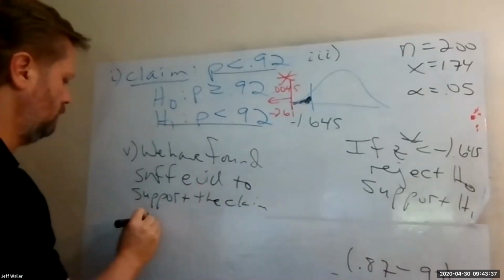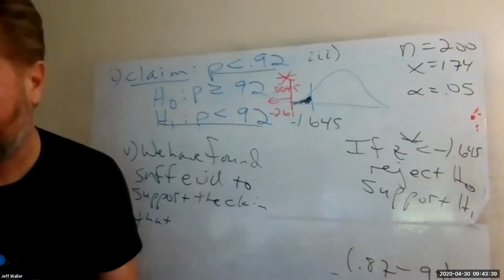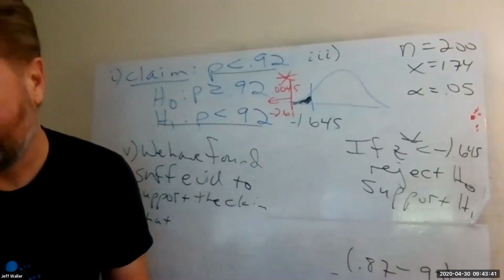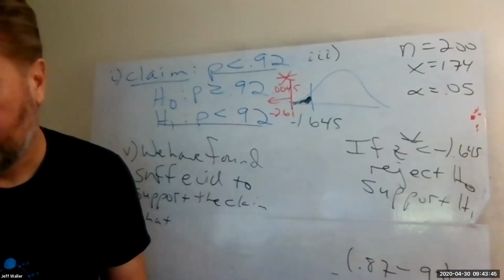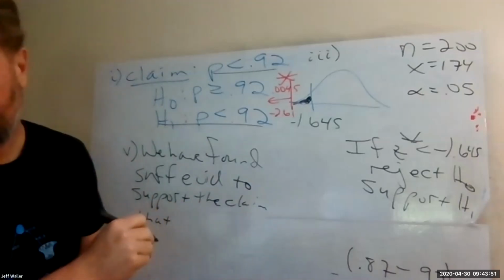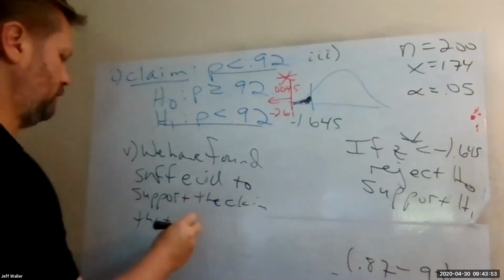that, what was this thing about? That the percentage, let me see. Oh, the percent of people owning a cell phone is less than 92%.